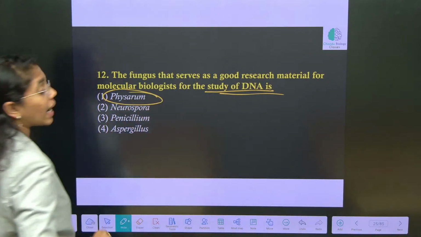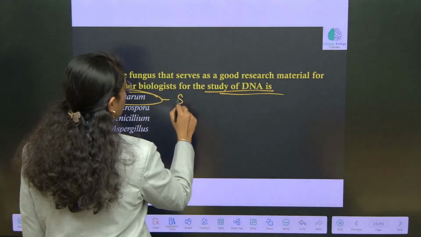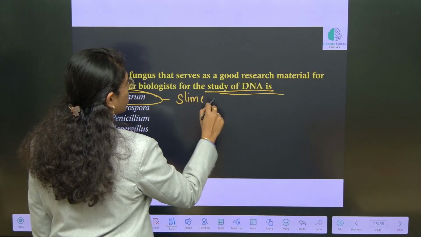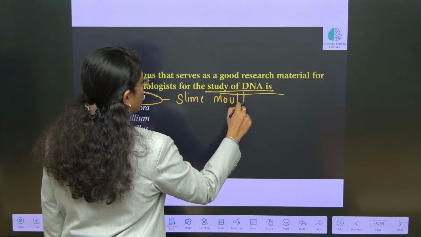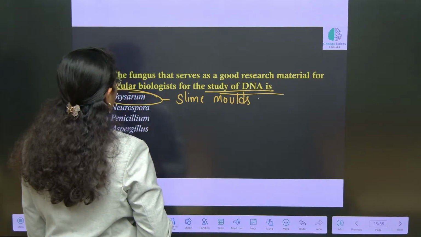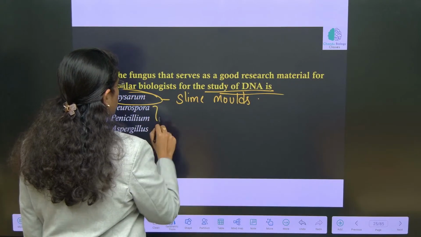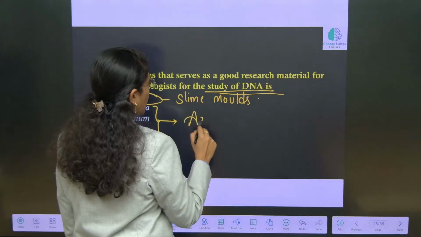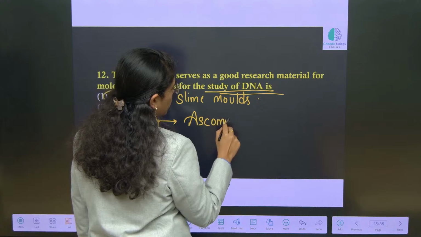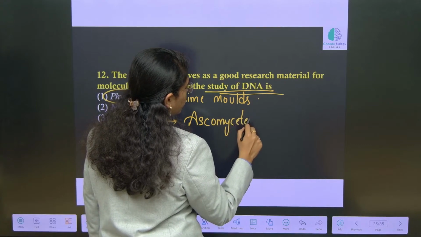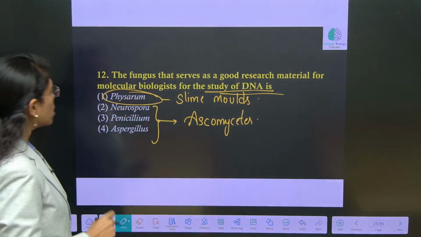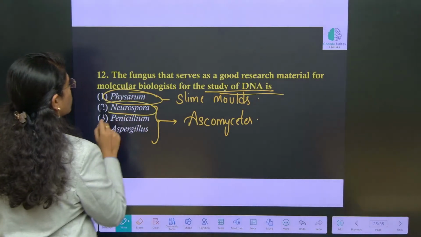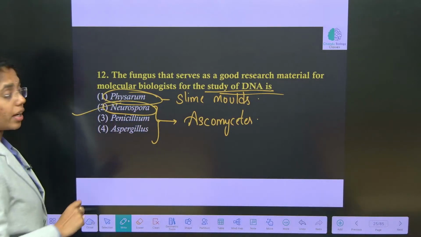Physarum is a fungi-like protist which belongs to slime molds. Fine. Neurospora, Penicillium, Aspergillus. Three of them belong to one class of fungi only, that is Ascomycetes. Of this, Neurospora crassa is widely used for genetic works.